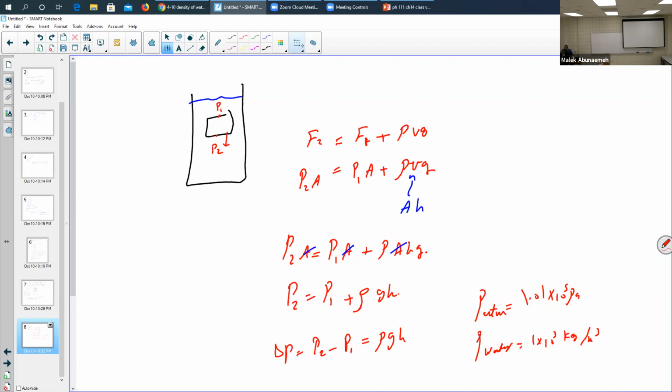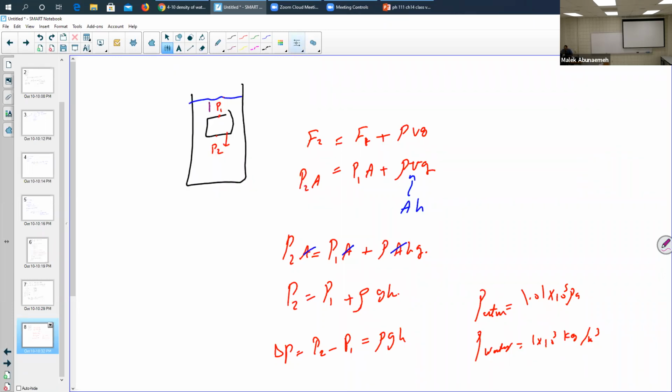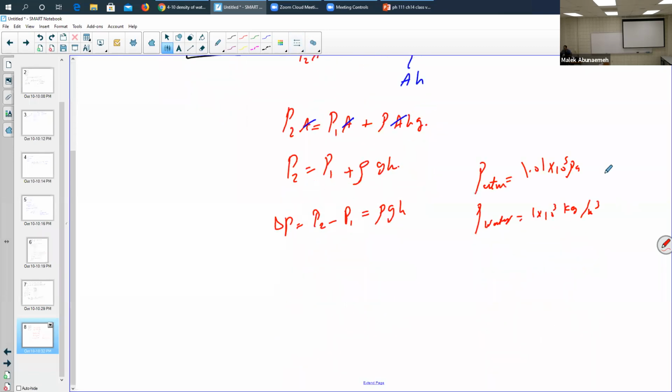So you got the force, let me just get a different color. One going down here and one taken up there. This one's going to be, again, P1A1, this is going to be P2A2. So your buoyant force, let me get a different color, is going to equal P2A minus P1A.